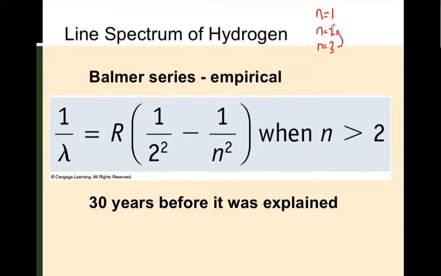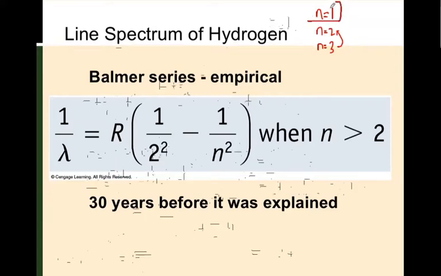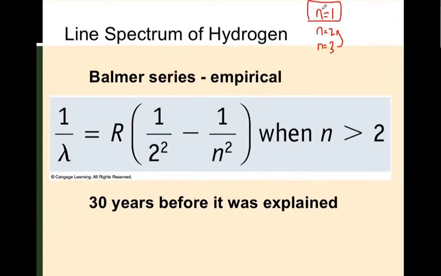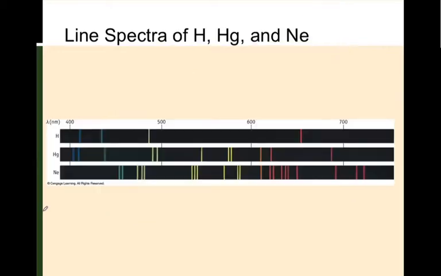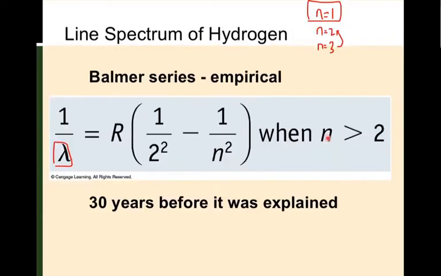This was observable in the visible range. The n equals 1 transition does also happen, but it wasn't observable in the visible range, so it took a longer time for that to be discovered. This Balmer series helps to describe the wavelength of these lines that we observe in this fingerprint spectrum, this line spectrum.